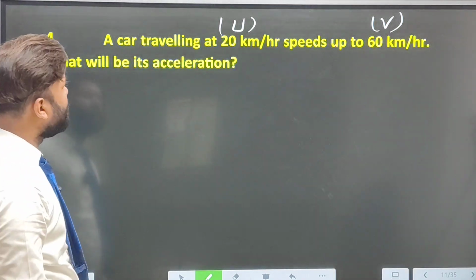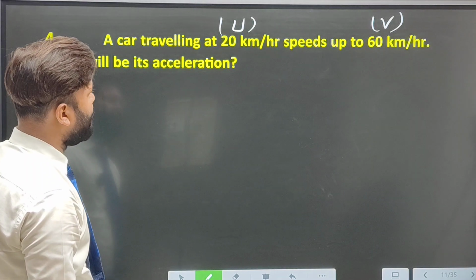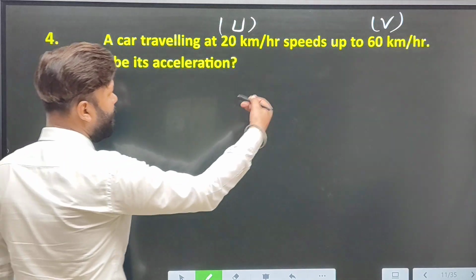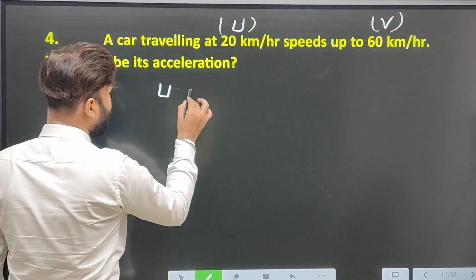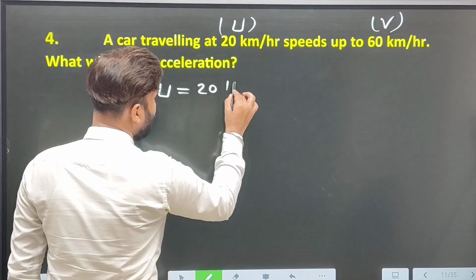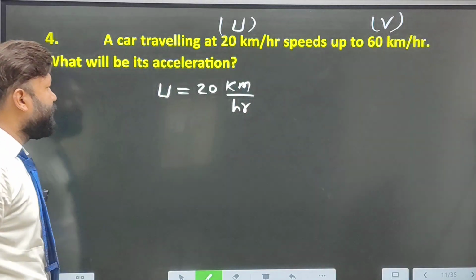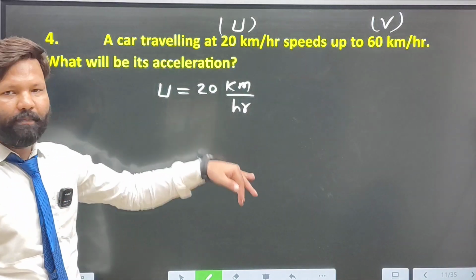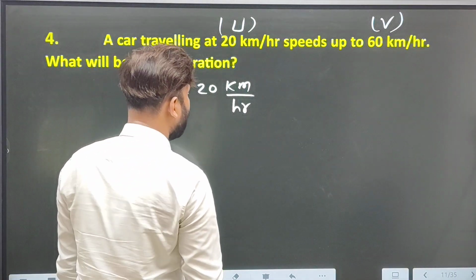v is given, u is given. In this question, time is not given, I think. So no issue, we will assume the time. So initial velocity u is given as 20 km per hour. We have to change the initial velocity into meter per second because meter per second is the SI unit of speed.